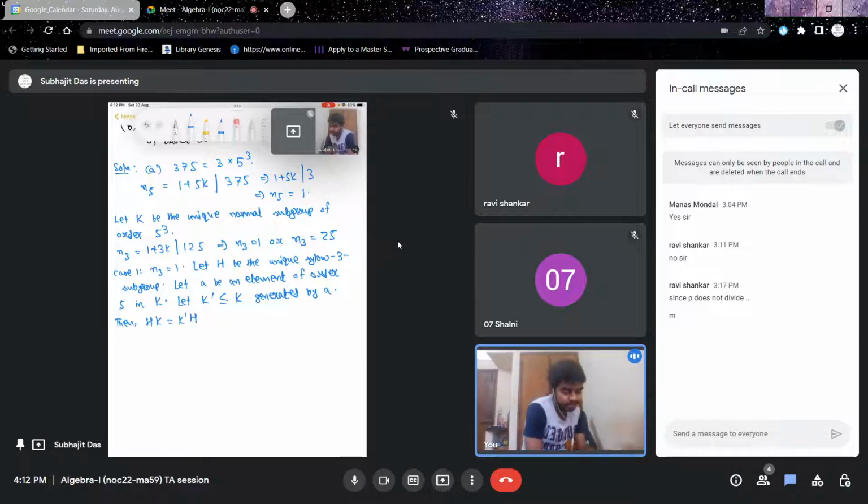We could just say that K prime is a subgroup of K of order 5. So HK prime is K prime H, since H is a normal subgroup. H is the unique Sylow 3 subgroup of the group, so it's clearly a normal subgroup, right? Which implies that HK prime is a subgroup of G. And what is the order of this subgroup?